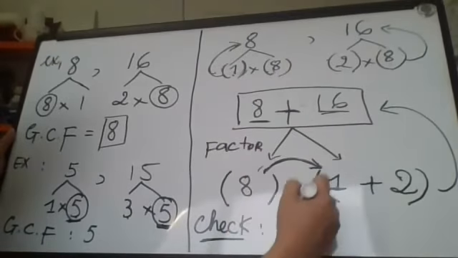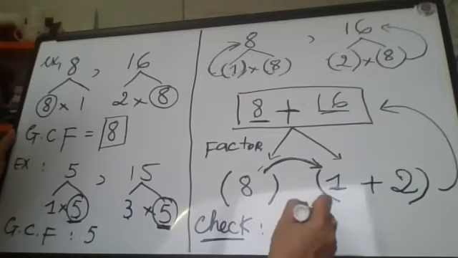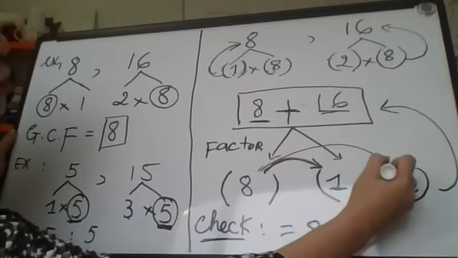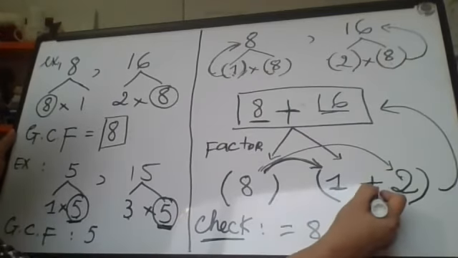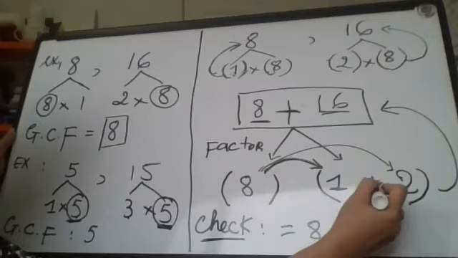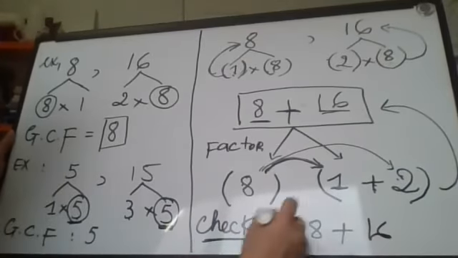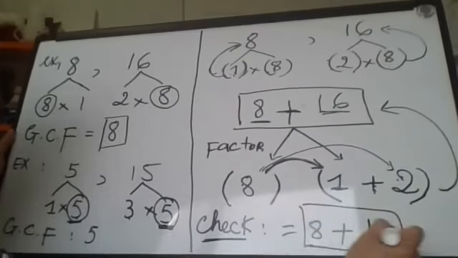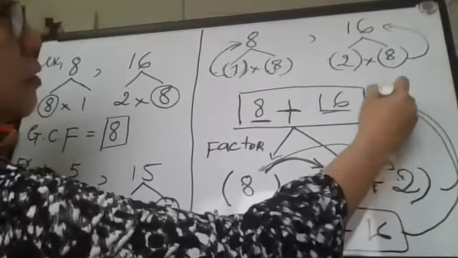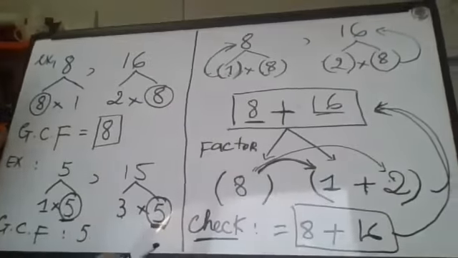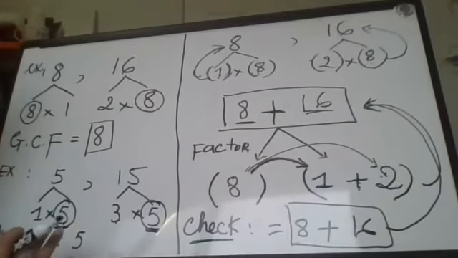So check, 8 times 1 equals 8. Distribute the next term, and don't forget to put the sign. This is plus times plus is plus. 8 times 2 is 16. And of course, you look back, this expression is exactly like this one. It means you get back to the same expression. And that's how it works.